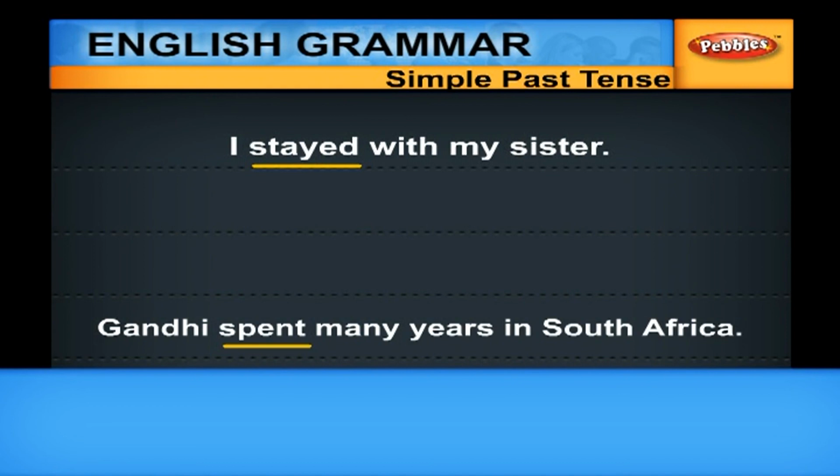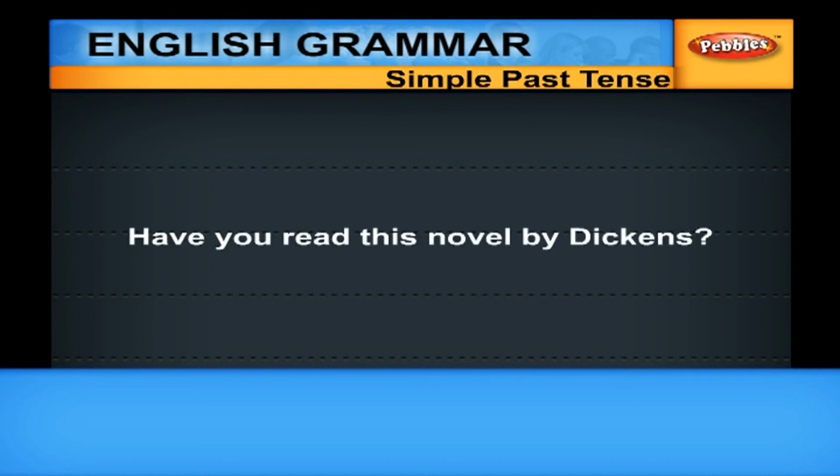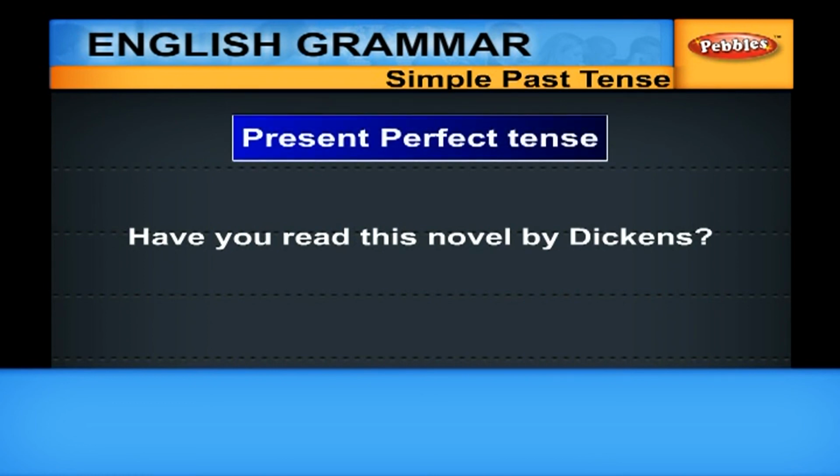Now, you have to realize the difference between present perfect and simple past. Now, let's observe this example. Have you read this novel by Dickens? Now it is in the present perfect tense because it has have as auxiliary and past participle of verb read, which is read.